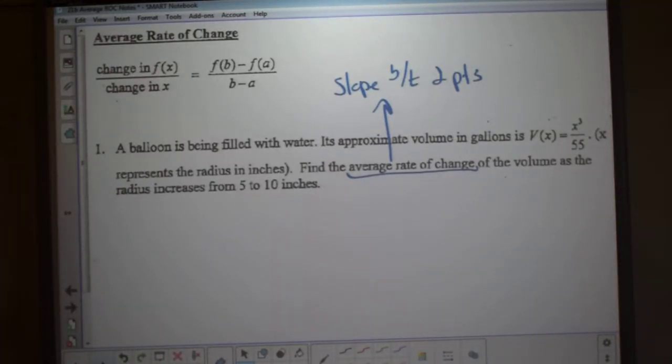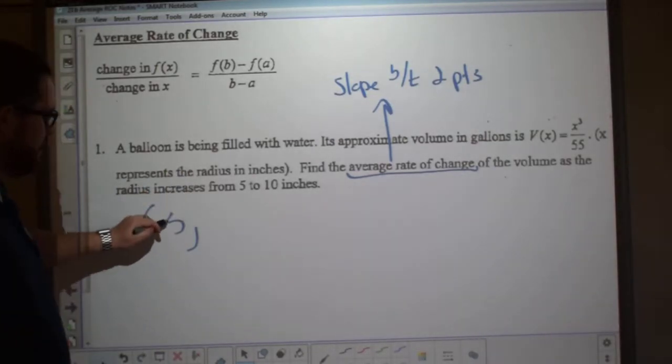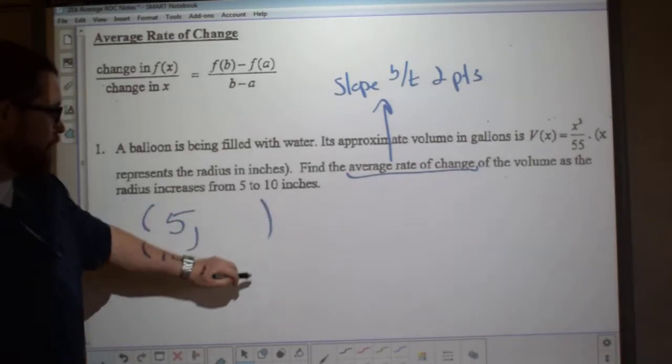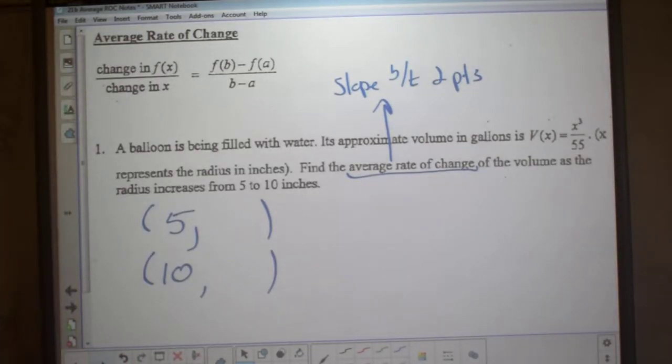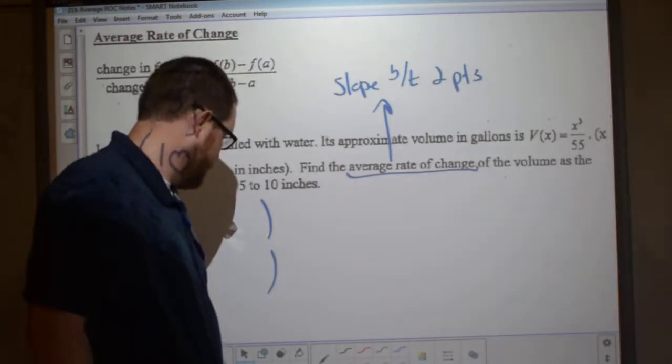So I need 2 points. One point is 5 comma something. The other is 10 comma something. Well, how do I find those comma somethings? I'm going to plug them into the equation.